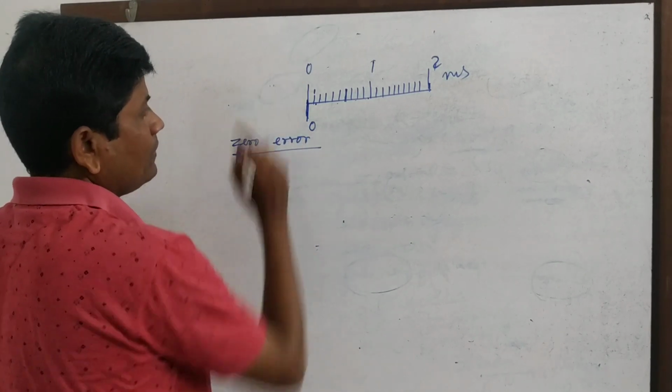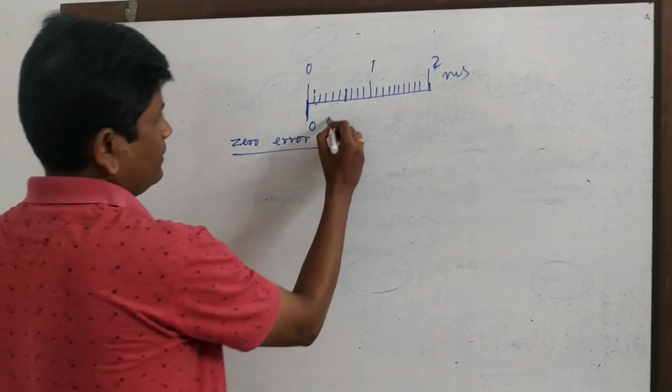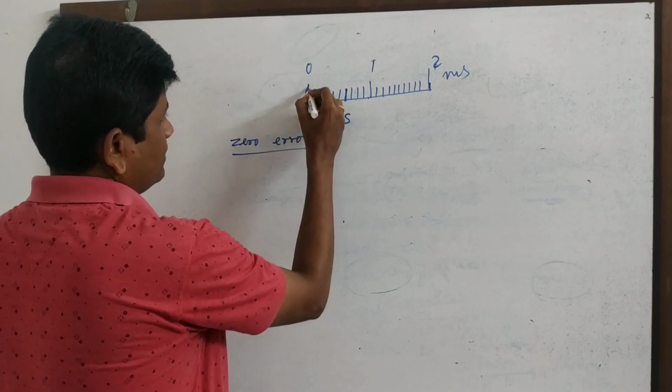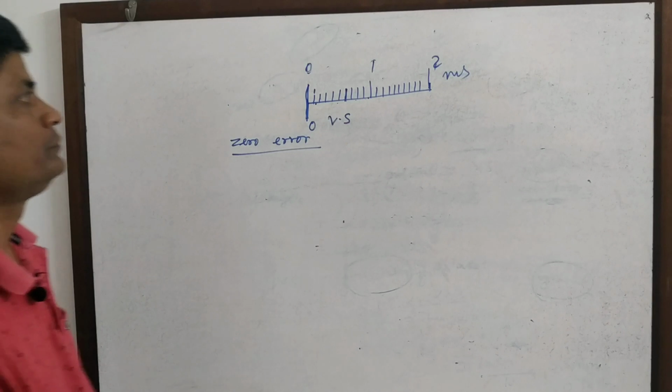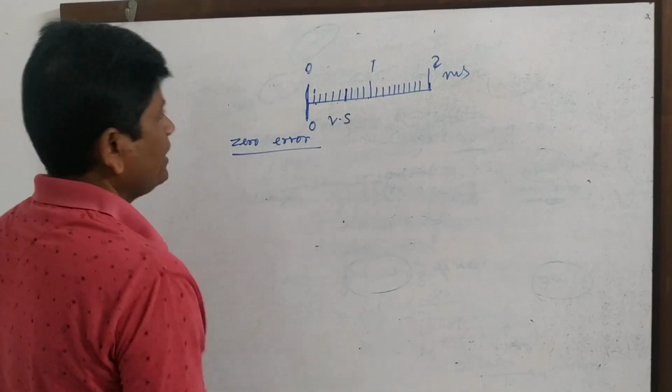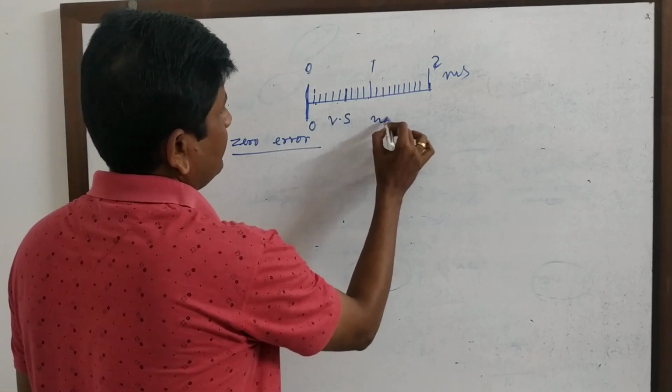This is the 0 of the main scale. If the 0 of the vernier scale coincides exactly with the 0 of the main scale, then there is no error.